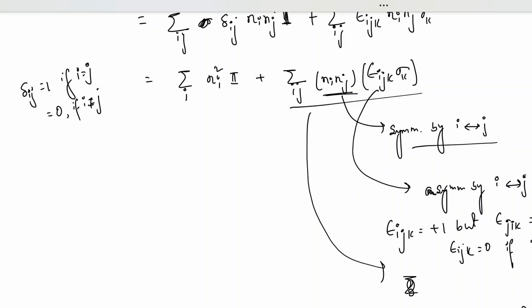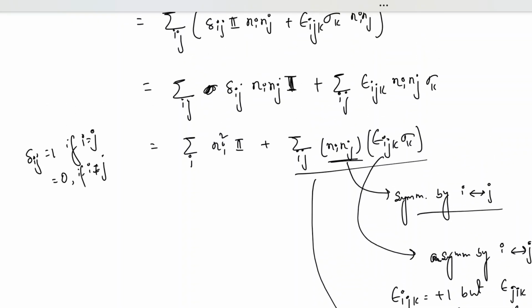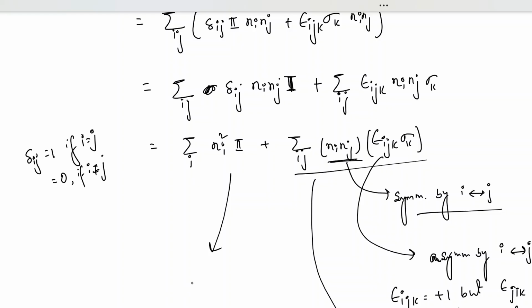So this term is giving you 0, because one part is symmetric and the other part is asymmetric. The only part you are left with is the non-zero term. But also you know that the summation of ni squared will be equal to 1. Why? Because n is a unit vector.